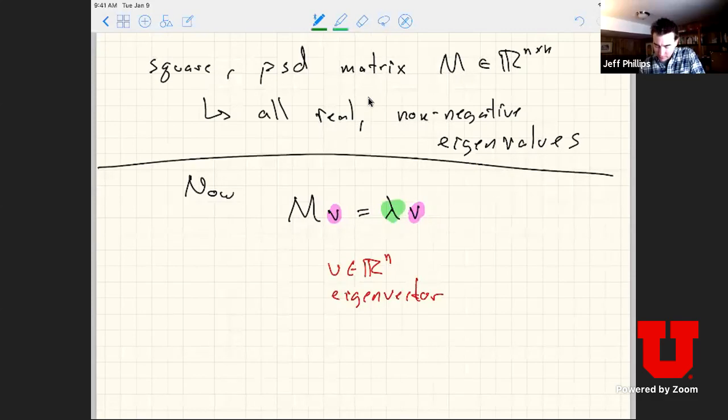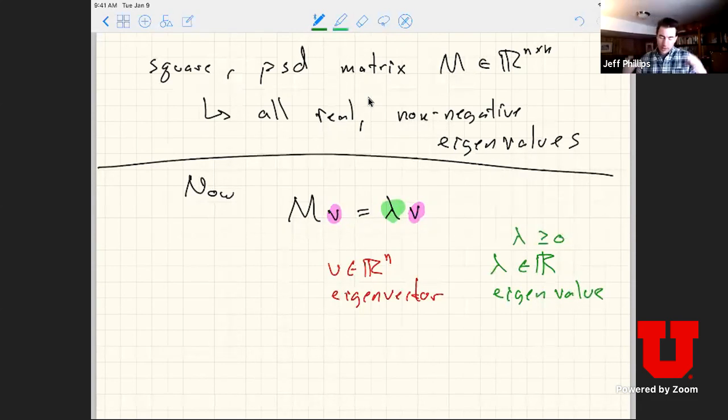Lambda is a scalar value. In this case I know lambda is real, because I have positive semi-definite matrices. I also know it's greater than or equal to 0, because they're positive semi-definite. This is called the eigenvalue.